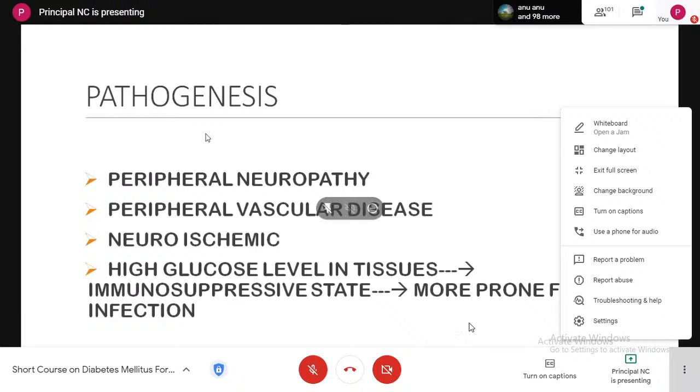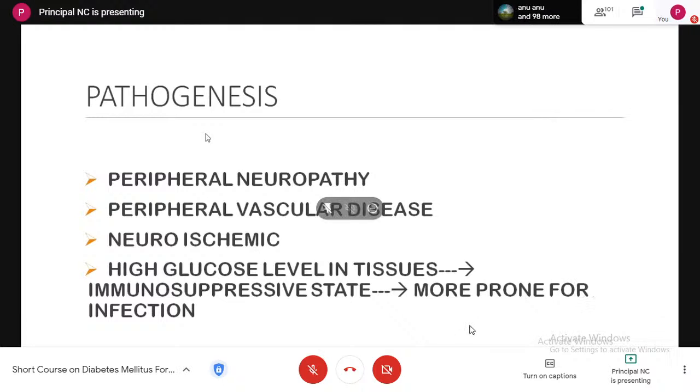So neuroischemic means both, neuropathy and peripheral vascular disease. The patient's limb will already be ischemic because of the loss of blood supply, and then the loss of sensation will be there. The both will join together, and that will cause more problems. Another thing we have to know is that diabetes patients are in an immunosuppressive state. Whatever infection they get, it is not like a normal, healthy person's immunity.